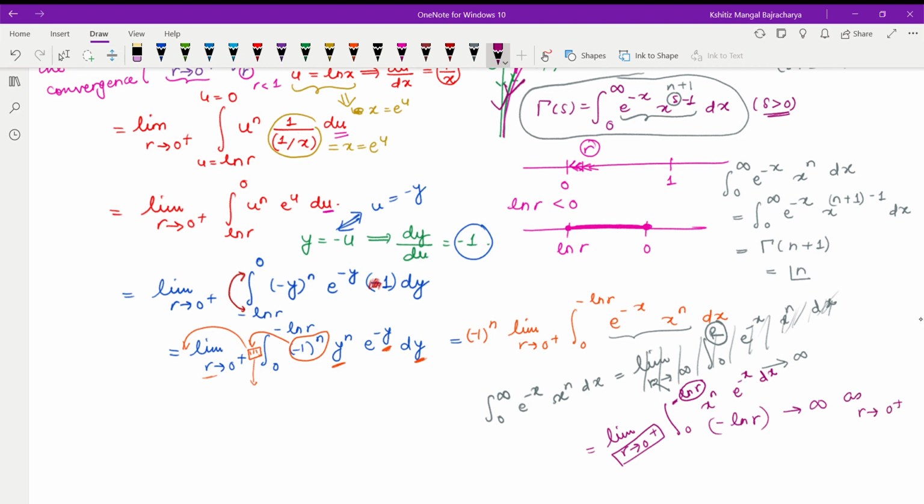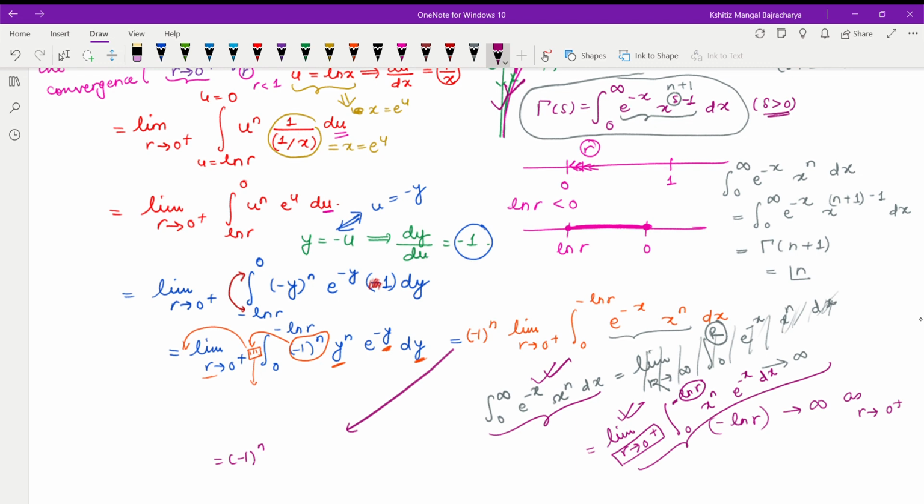So we can write this integral as this limit.